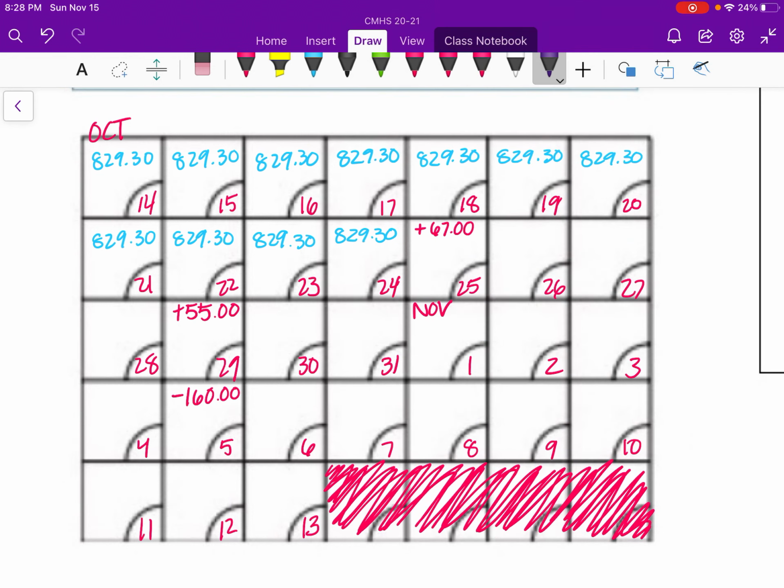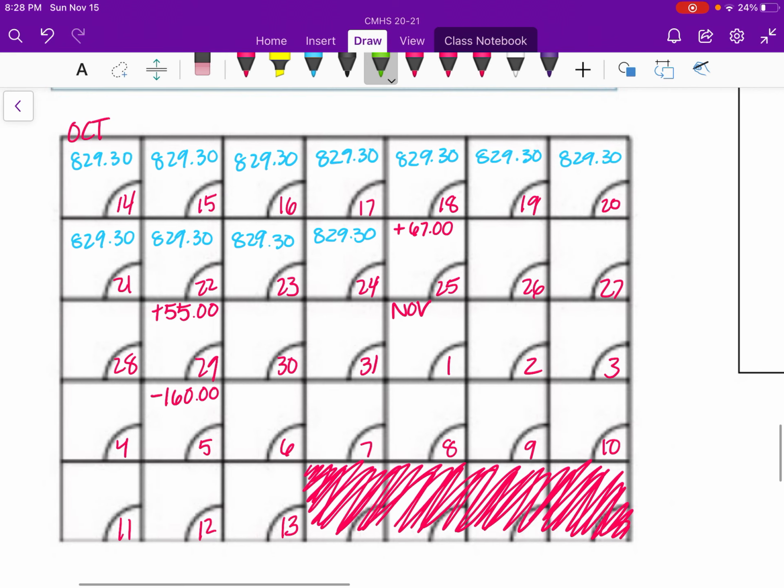So I stopped right at October 25th because that's the day that I added $67. So $829.30 plus $67 is $896.30. So, you guessed it, we're going to write that all the way until the next purchase. $896.30, $896.30, and one more, $896.30.